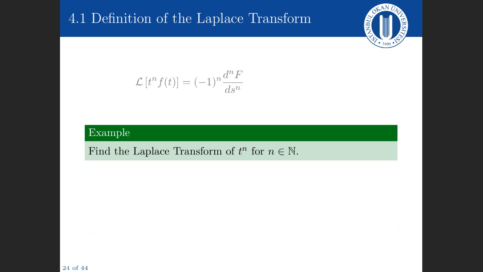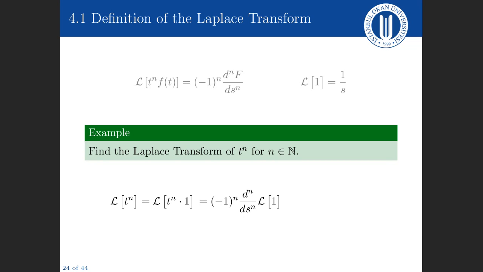Next, find the Laplace transform of t to the power n. I'm going to use the formula again, but this time the function f will be equal to 1. I want to calculate the Laplace transform of t to the power n multiplied by 1.